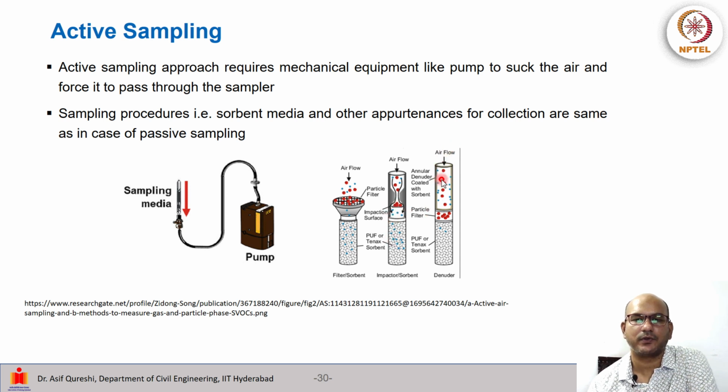Here we have a denuder coated with the solvent, followed by a particle filter, followed by a PUF or XAD sorbent. So the idea is still the same. We are trying to pass the air through an absorption surface or a filter surface. Only instead of relying on diffusion, we are forcing the air through and collecting possibly more in a shorter time.